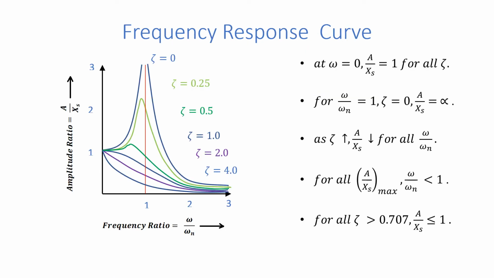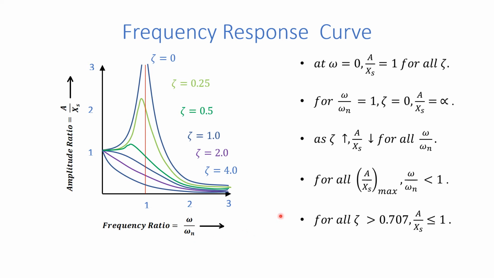The frequency response curve, as we have discussed, is the curve between amplitude ratio A by XS, the amplitude of vibration to the static deflection, versus frequency ratio omega of external excitation to the natural frequency of the system.